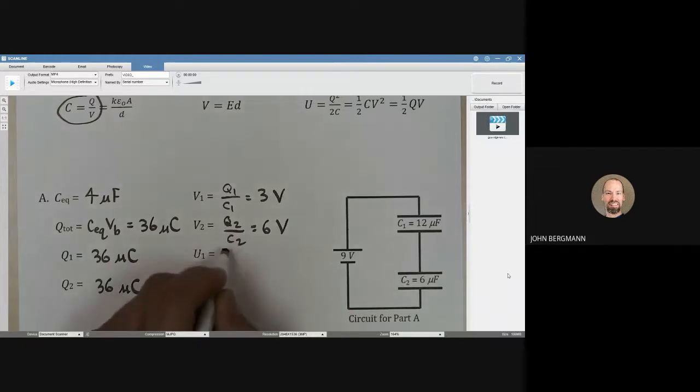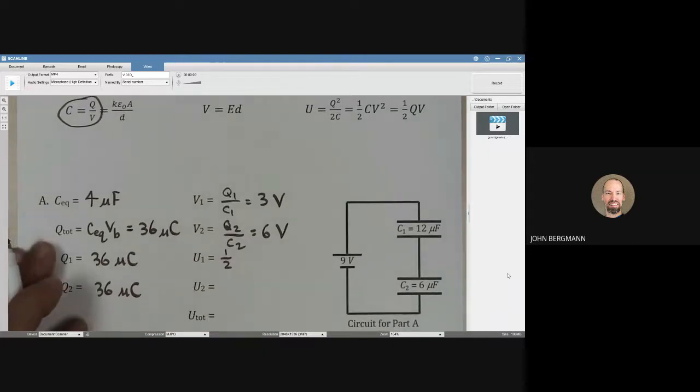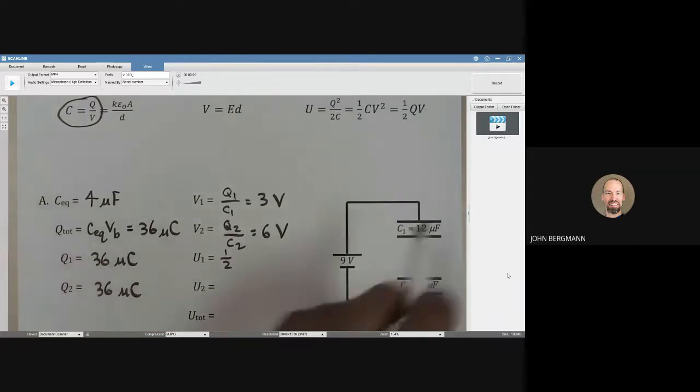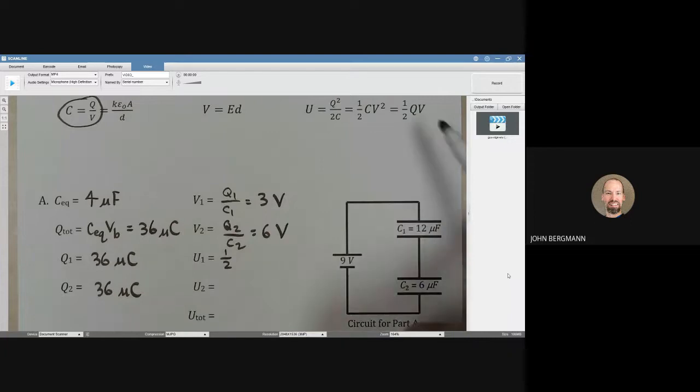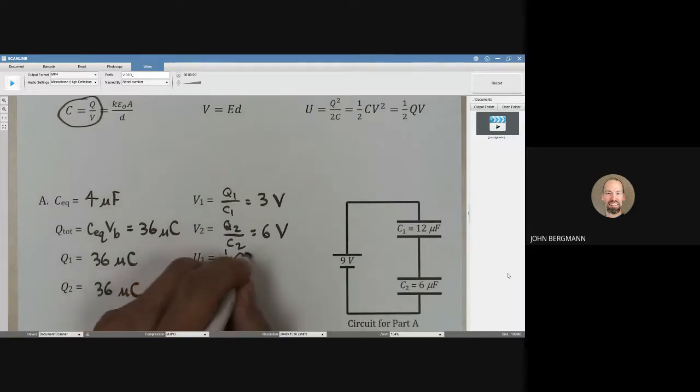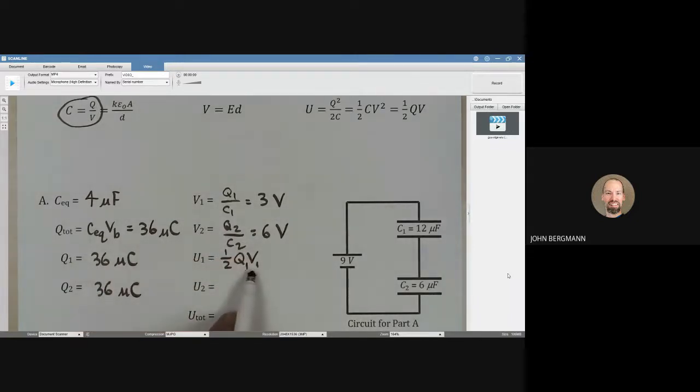Whenever we calculate the energy, we can use, you can see them in the upper right corner there, any number of equations. If possible, I like to use this one here on the right because it doesn't have any squared terms, so that makes things a little bit easier. And since we have the charge and the voltage for all of these, this should be pretty easy to do, I think.